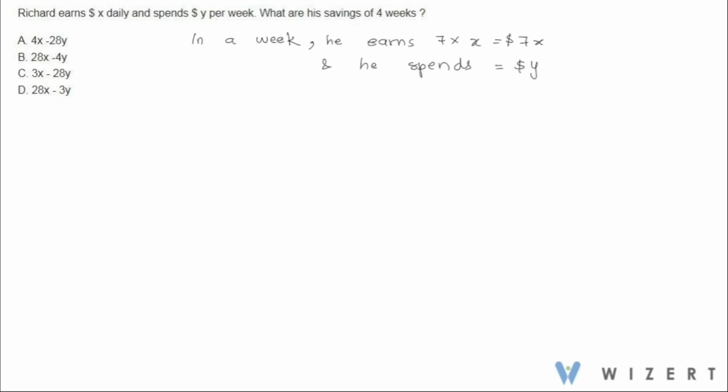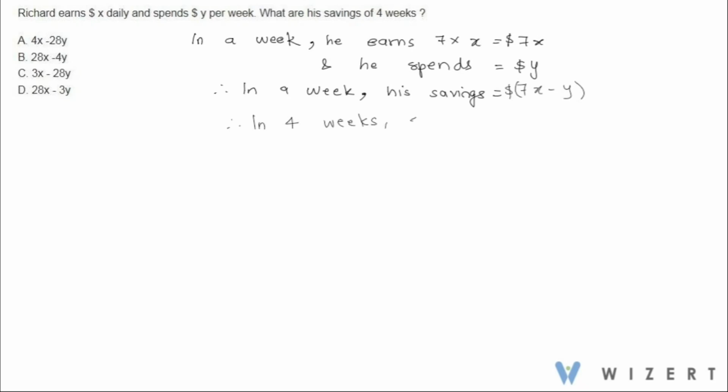Therefore, in a week, his savings will be equal to 7x minus y dollars.